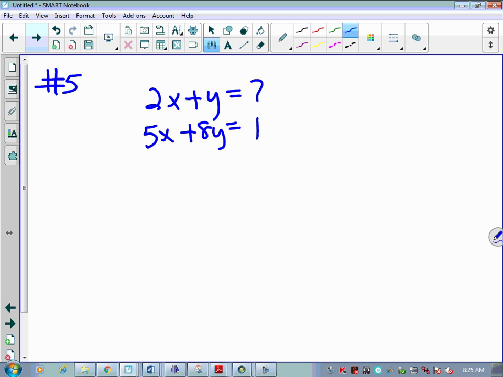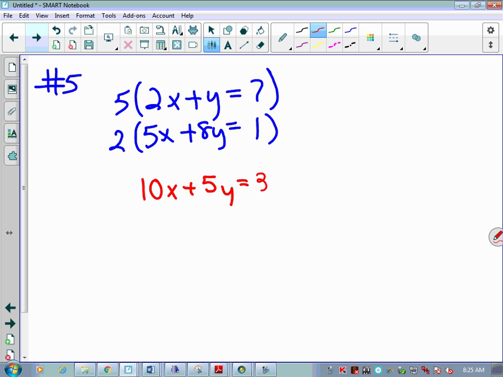There's a couple different ways to do this, but basically I'm going to multiply by 5 here and by 2 here. After multiplying, I've got 10x plus 5y equals 35, and down here 10x plus 16y equals 2. Then I'm going to subtract the two equations.